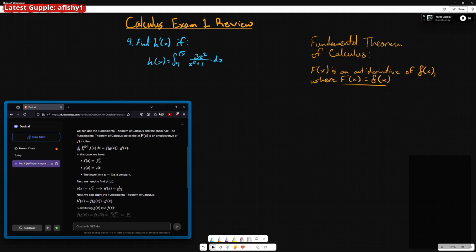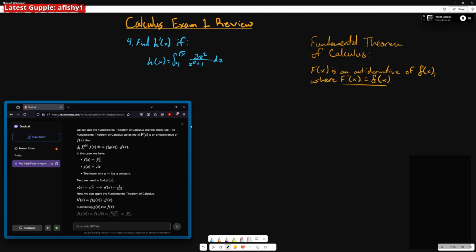So chain rule, where it basically says d over dx of the integral from a to g of x of f of z dz is equal to f of g of x times g prime of x.